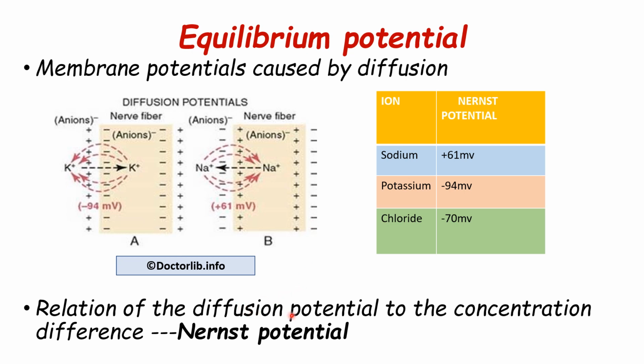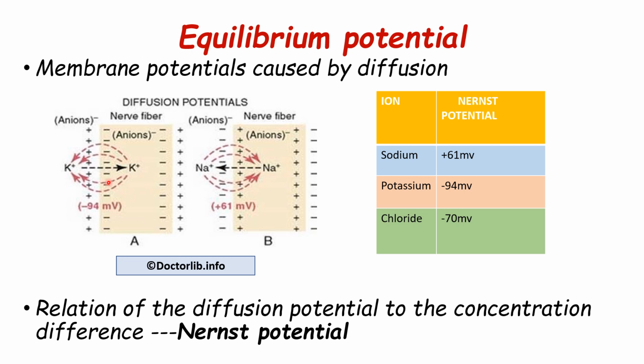The relation of diffusion potential to the concentration difference is known as the Nernst potential. It is the potential developed at the cell membrane when there is no net diffusion of that particular ion, that is, when equilibrium is reached.